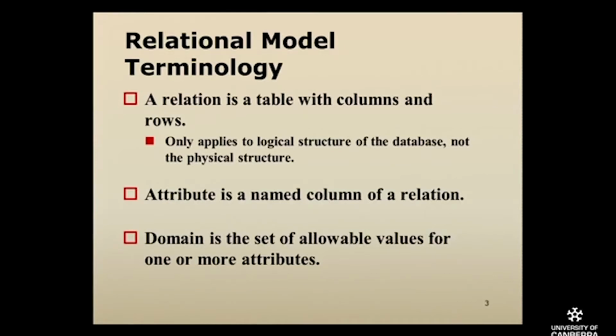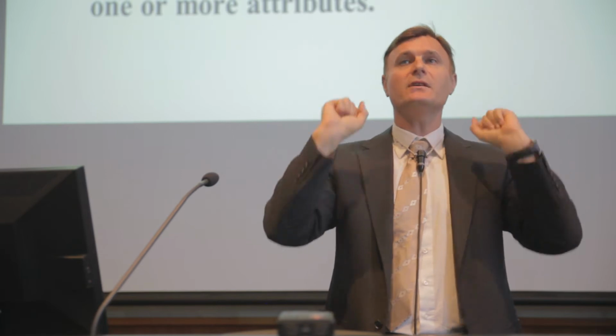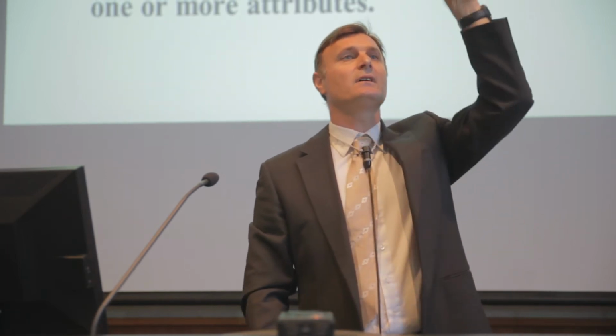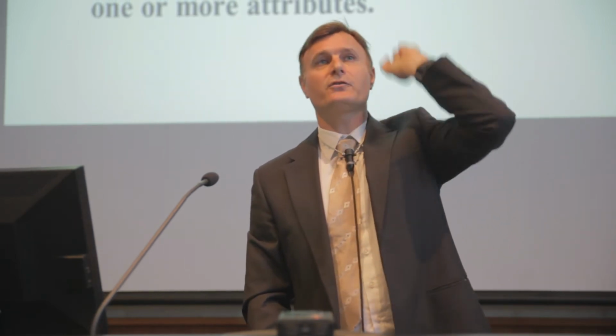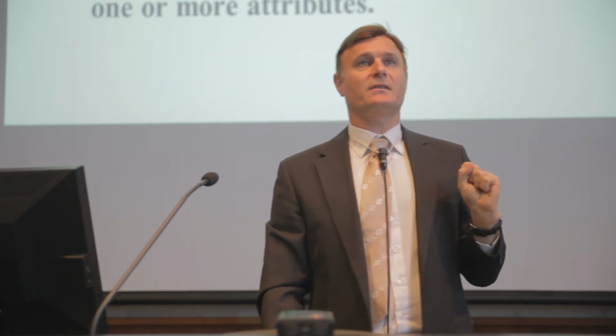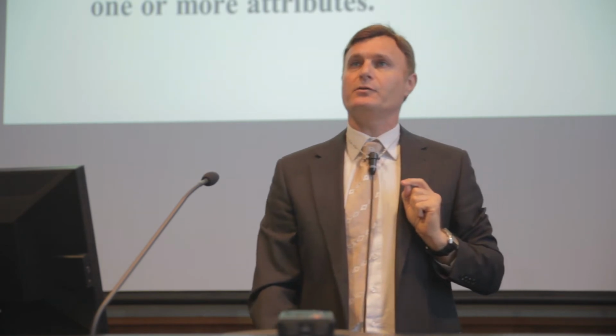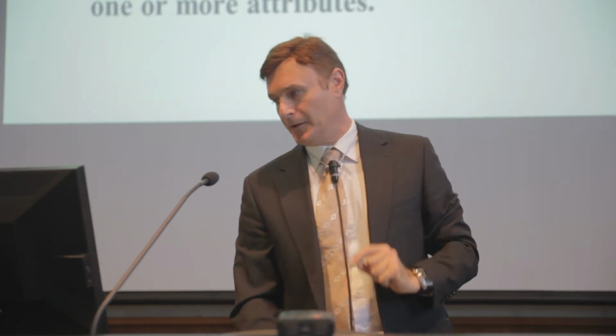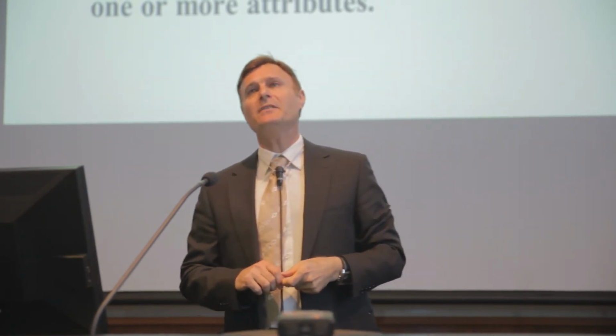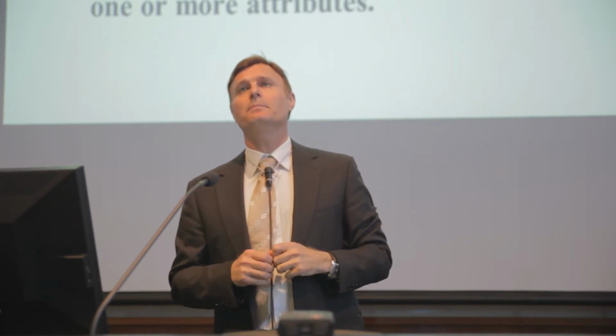For example, if you call the table student, it has got 3 columns: a student number, a student name, a student address. Each of these columns is an attribute. So an attribute is the name of a column in a table.